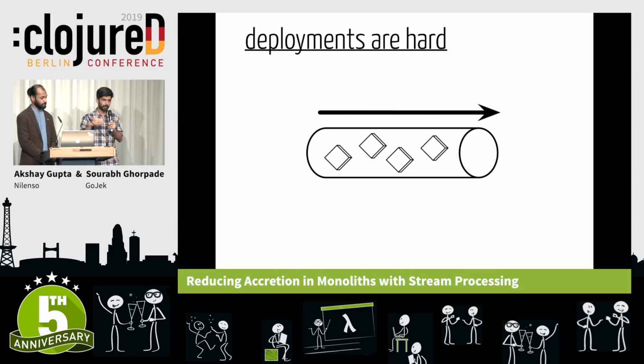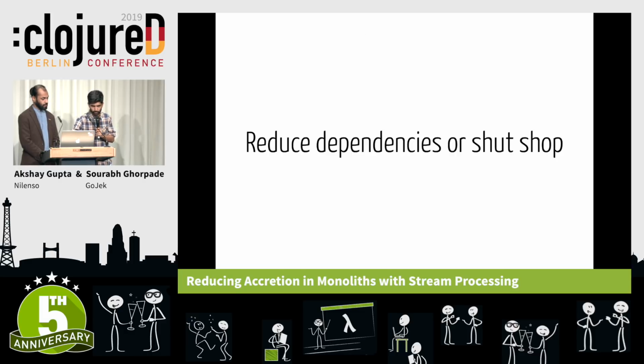And when you're writing integration or regression tests against this sort of distributed system, even if one of these API calls fails somewhere, your test fails. That results in lower confidence in the tests, and as a result, confidence in the test suite itself can drop. So for us at Go-Jek, literally it was reduce dependencies or shut shop, because these systems were so critical.